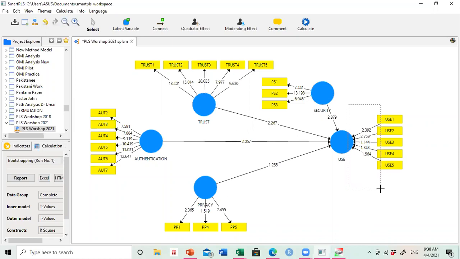So if we look at this one, how many are significant here? It should be greater than 1.64. Can anybody tell me? Only two. One and two. Yes, only 1 and 2.